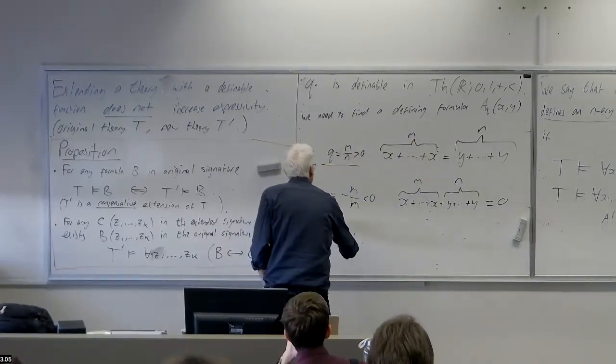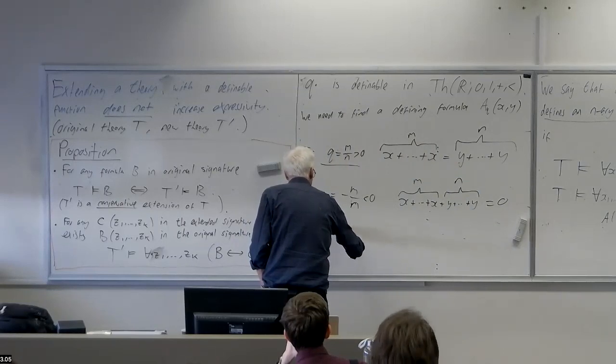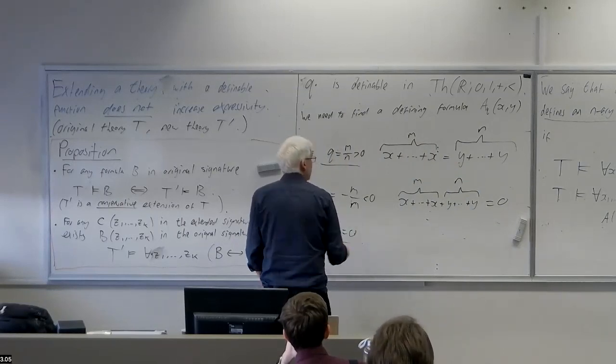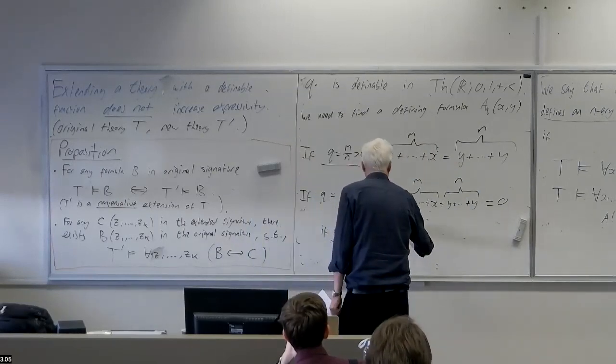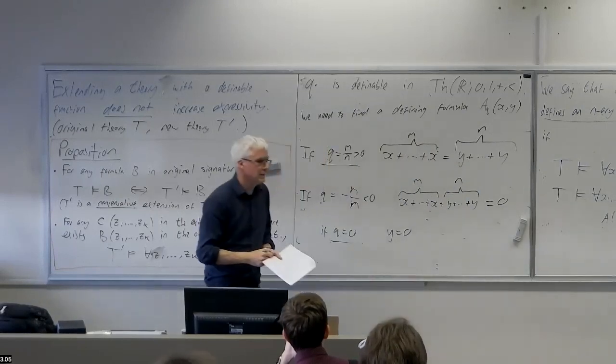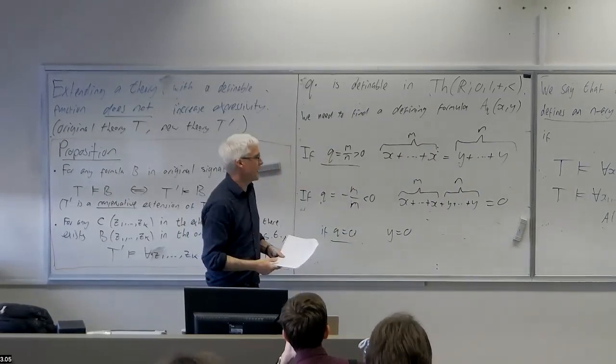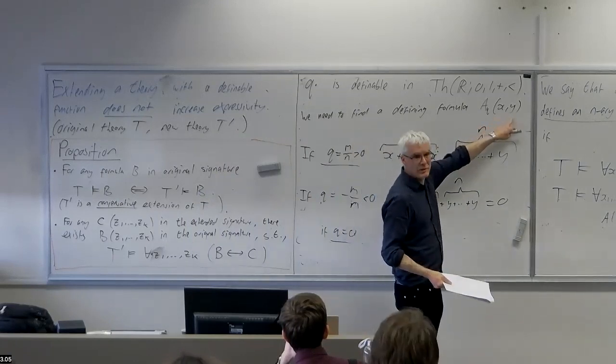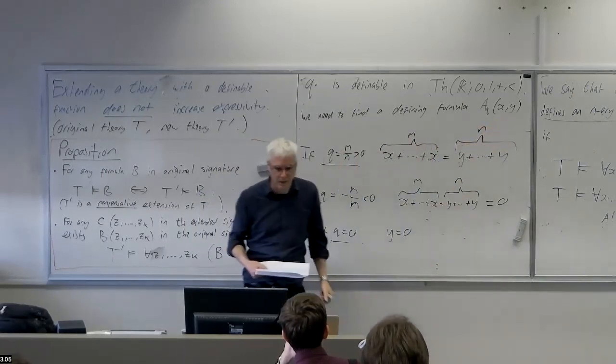And if q equals 0, then the relation is simply y equals 0. It doesn't mention x, but it doesn't have to. It just has to have no free variables other than x and y.